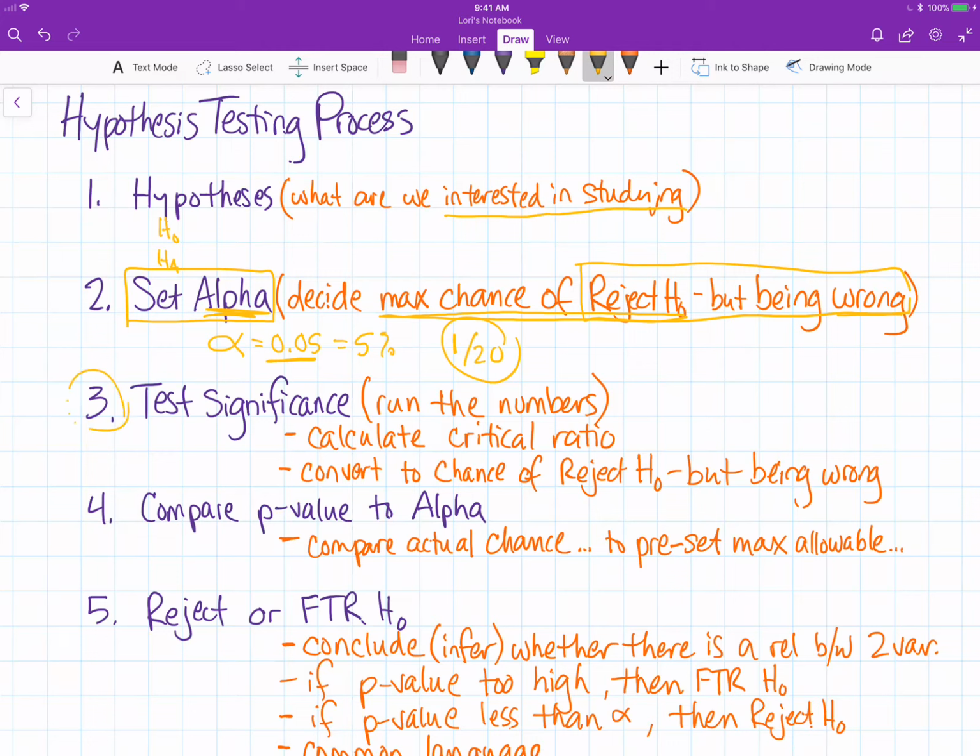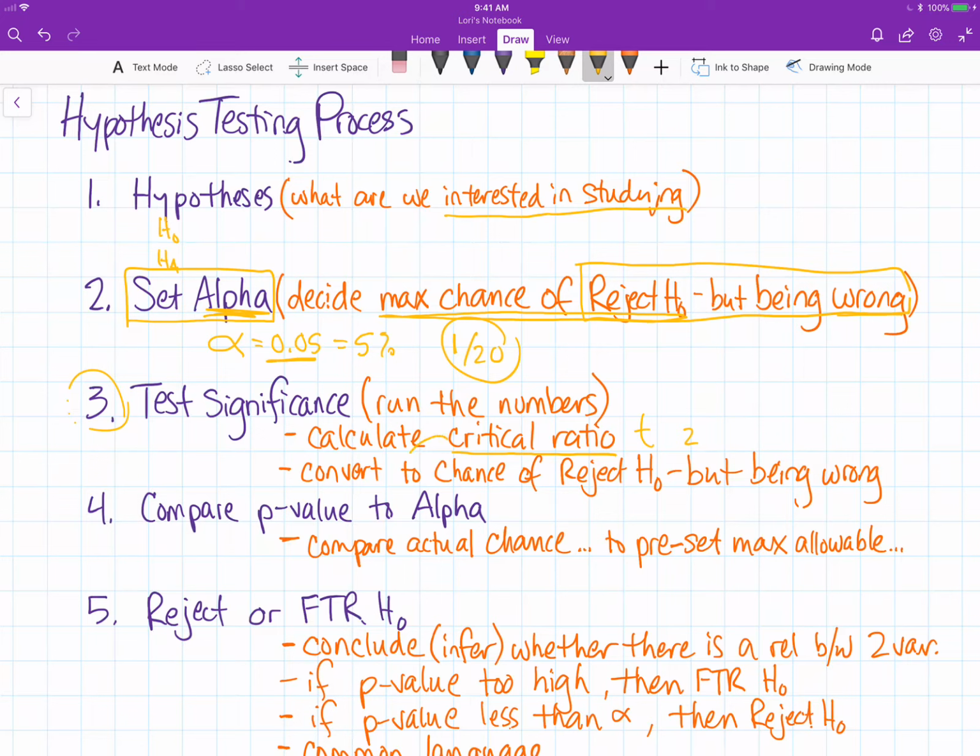The third step is to test the significance. And when we say test significance, really what we mean is we want to crunch the numbers. We want to go into our computer program, be it SPSS or SAS or R or Minitab or whatever kind of program, and we're going to tell the computer to calculate something called the critical ratio. This is like a t-value or a z-value. It could be all different kinds of things that we're calculating. And we'll learn more about the critical ratio later.